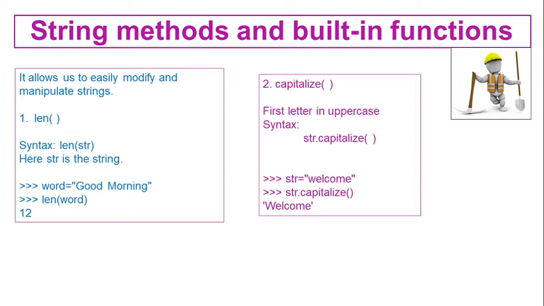Functions are blocks of code that perform a specific task, right? And functions can be categorized into two: built-in functions and user-defined functions. Built-in functions are functions which are already defined in the Python standard library, and that is one of the most attractive features of the Python programming language, because it has a huge, vast library.